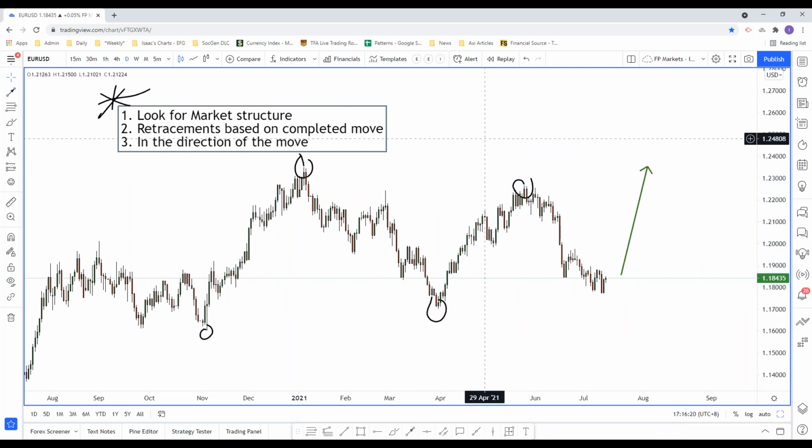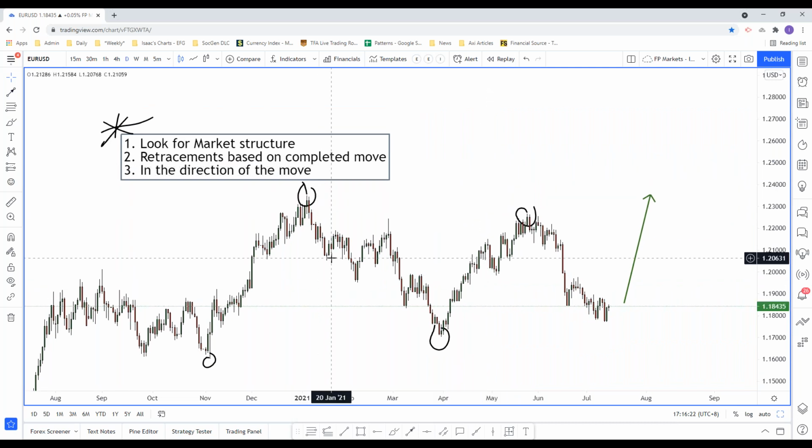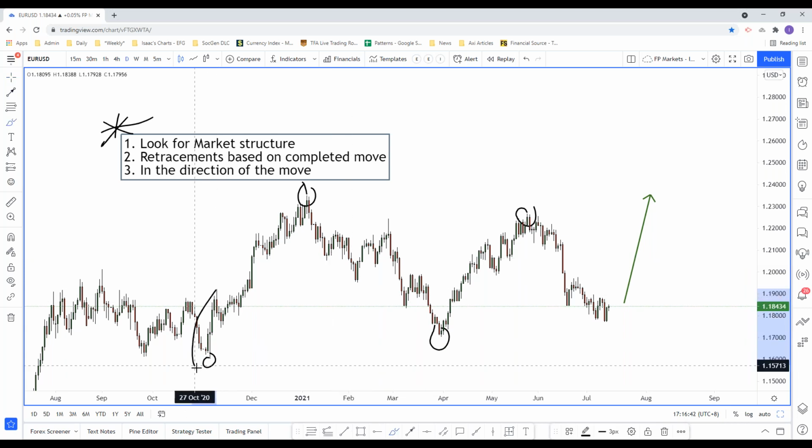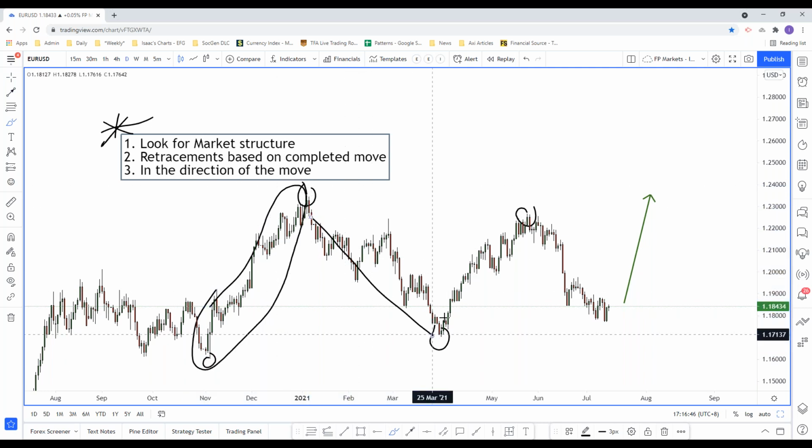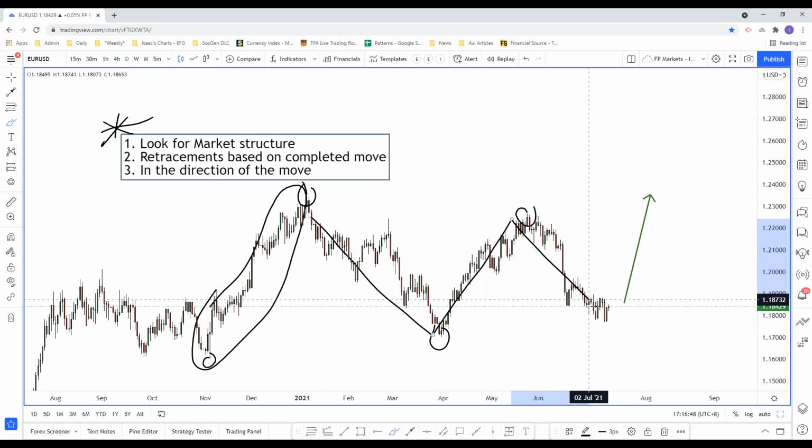Again, we look for clear market structure. You're just going to drive this into your head. Firstly, the major swing highs and swing lows on each specific time frame. Secondly, we look for the most recent completed move. There's no point drawing a Fibonacci based on this completed move when price has gone down, come back up, and is now on the way down again.